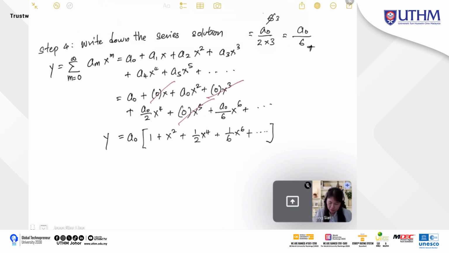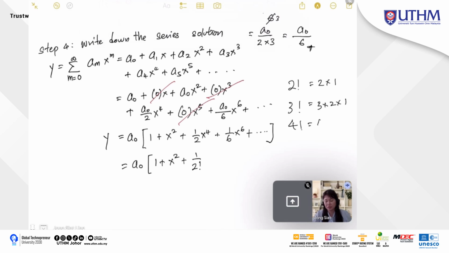So this is equivalent to a0 times 1 plus x squared plus, if I want to convert to factorials, I can have 2 factorial. 2 factorial means 2 times 1. 3 factorial will be 3 times 2 times 1. So 4 factorial means 4 times 3 times 2 times 1.